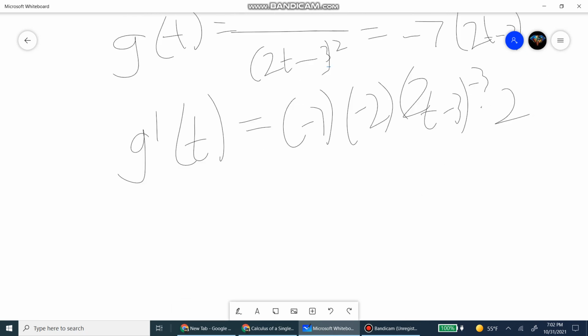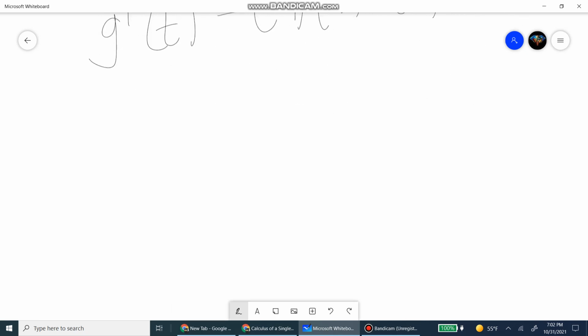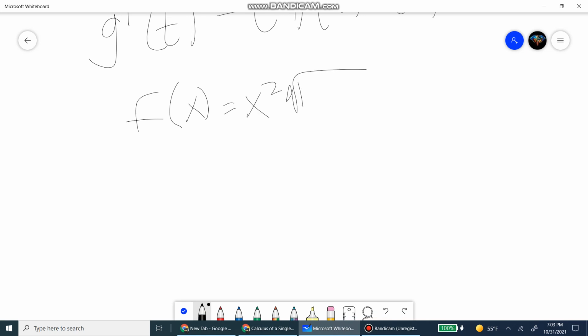Here, let's do another example. Basically, the derivative of the outer times the inner. So f of x, another example, x squared times the square root of 1 minus x squared. For this one, you would have to use the product rule and then the power rule. So you can make this x squared times (1 minus x squared) to the 1/2. Then you can use power rule for this.